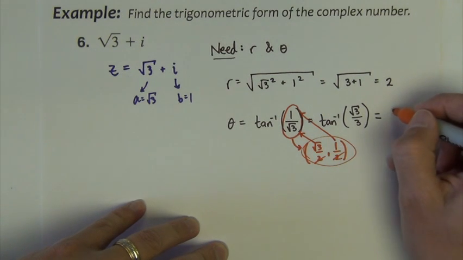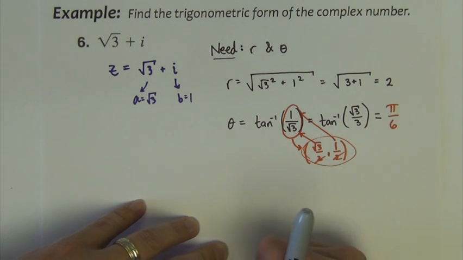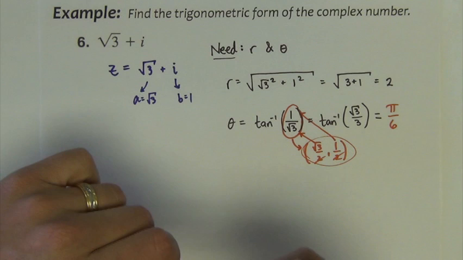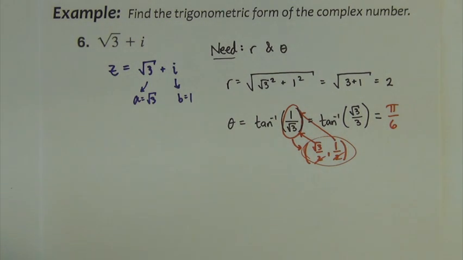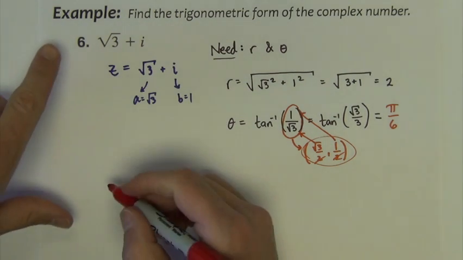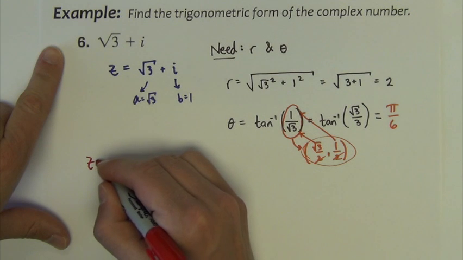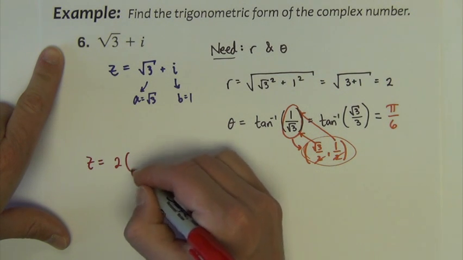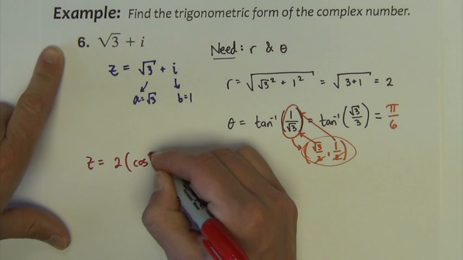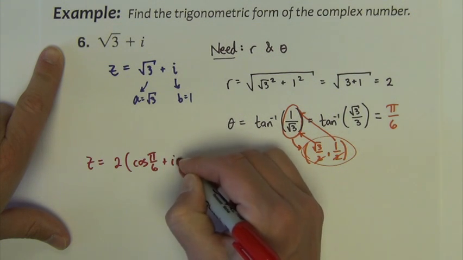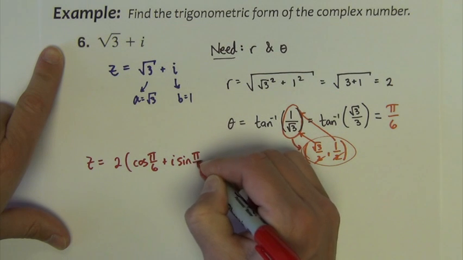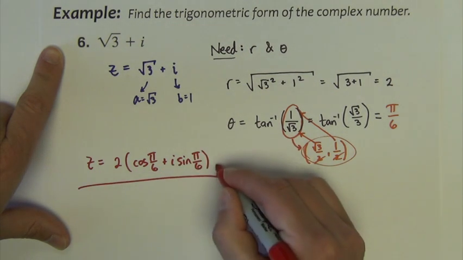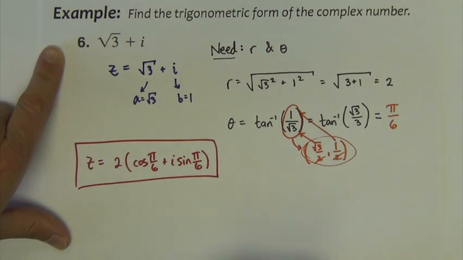And that point lives at pi over 6. Okay, so we have now the r, we have the theta, we can write the trig form of this complex number. It's going to be r times cosine of theta plus i sine of theta. And that would be done.